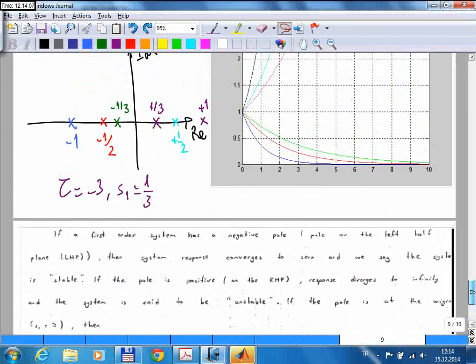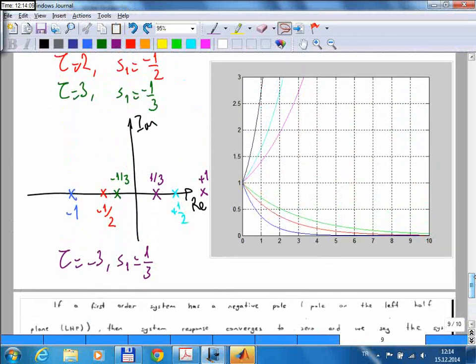Okay, so at least for first order systems, the picture is really very simple. First of all, we're not allowed to have poles anywhere besides the real axis, because that requires higher order systems. And on the real axis, the poles on the left half plane correspond to stable systems, and the systems with poles on the right half plane are unstable systems.